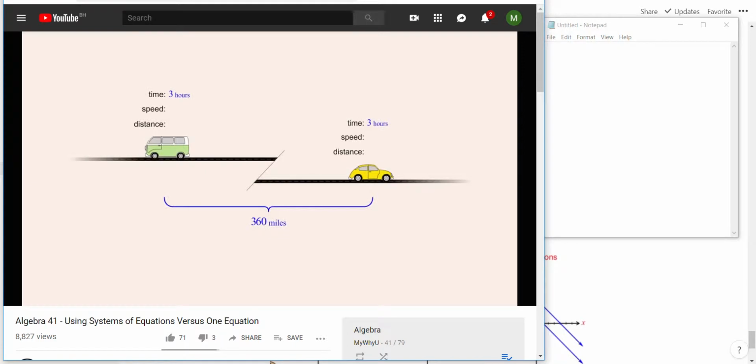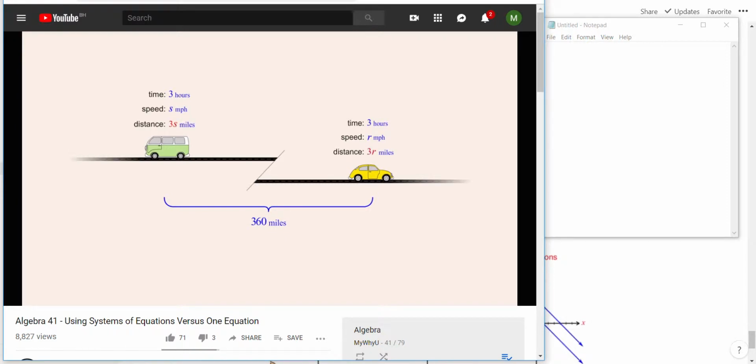To do this, we assign the variables s and r to represent the speeds of the bus and the car. Since distance is equal to speed times time, the distances traveled for the bus and the car are 3s miles and 3r miles.